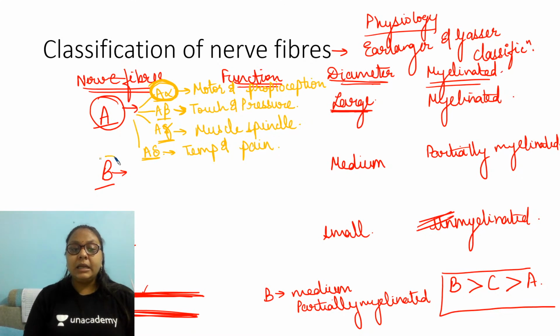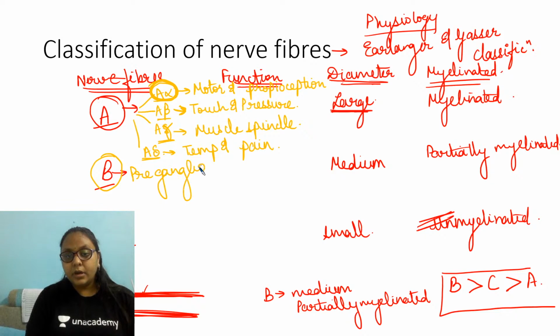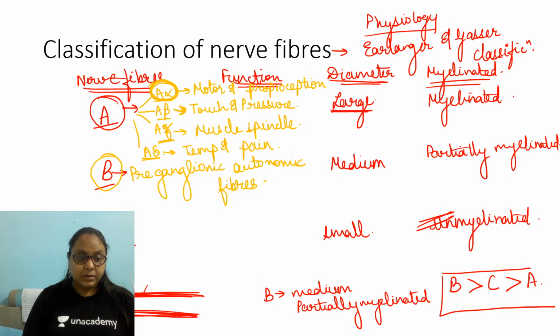Okay, B fibers and C fibers. B comes before C, so B is preganglionic autonomic fibers. Are you getting my point? B is preganglionic autonomic fibers. Is it clear?